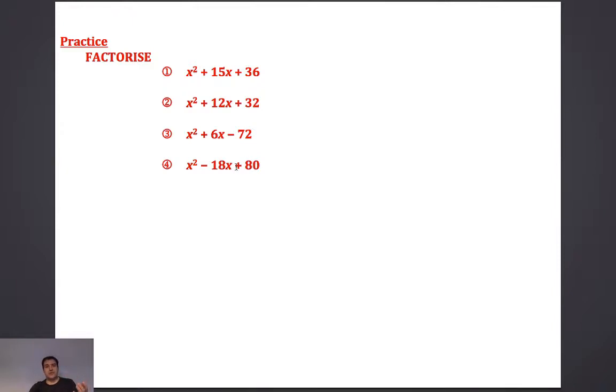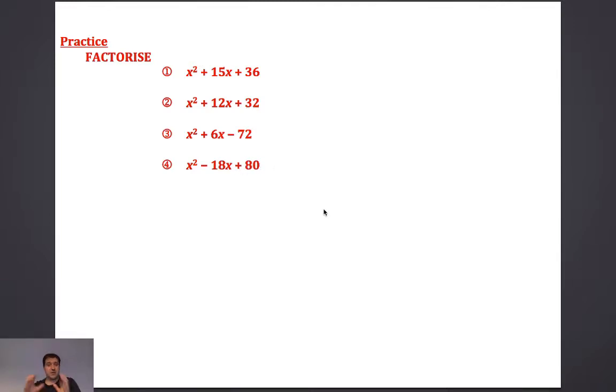And then number 4, again tricky with minuses. You're going to have 2 numbers that multiply together to give 80, but add up together to give minus 18. So there's got to be minuses in there somewhere to get the minus 18, but they've got to multiply together to give a plus.